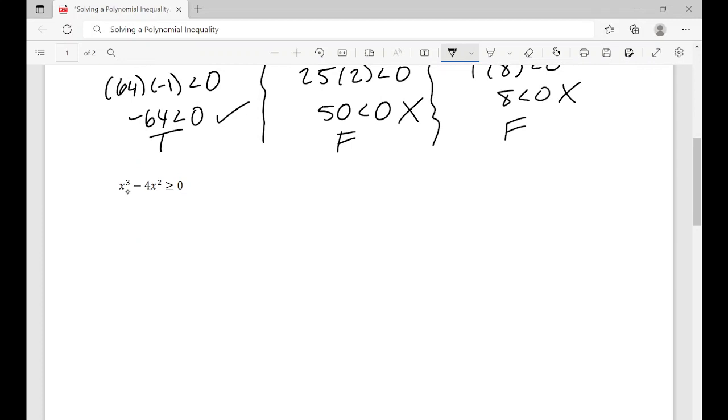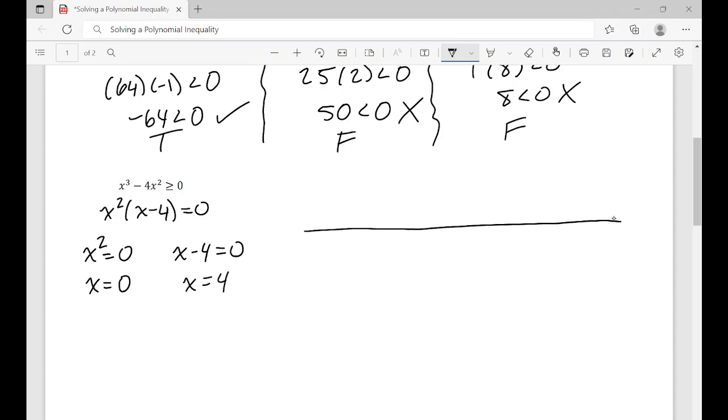Next, x cubed minus 4x squared is greater than 0. I'm going to first start off by factoring this. I get x squared times (x minus 4) equals 0. When I work that out, x squared equals 0 and x minus 4 equals 0, which solves out to 0 and 4.